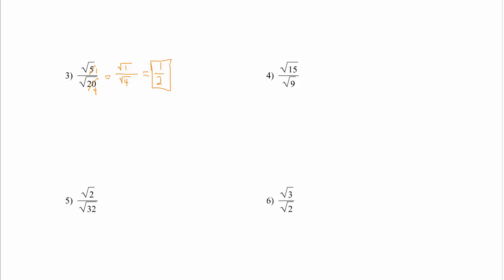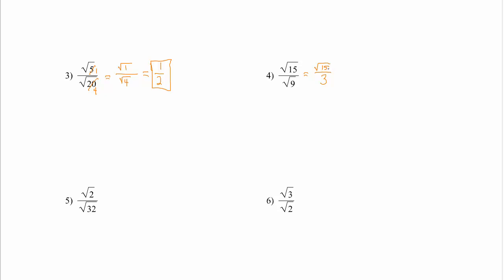How about the square root of 15 over the square root of 9? Oh, 3 divides into both those. But wait. Do you notice that we have a perfect square down here? Let's take care of that first. The square root of 15 over the square root of 9 is 3. We might ask ourselves, can we simplify the square root of 15 like we've done in the past? Well, are there any factors of 15 that are perfect squares? There are not.